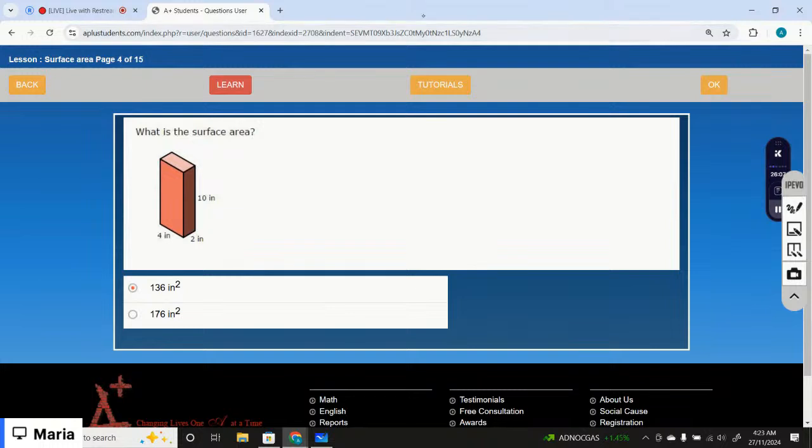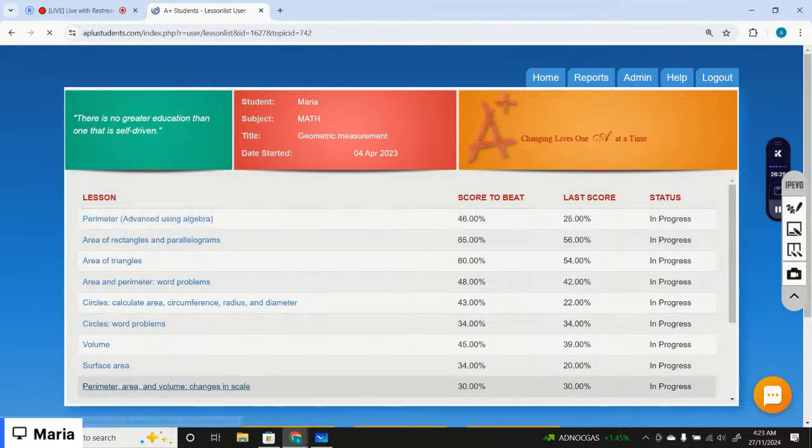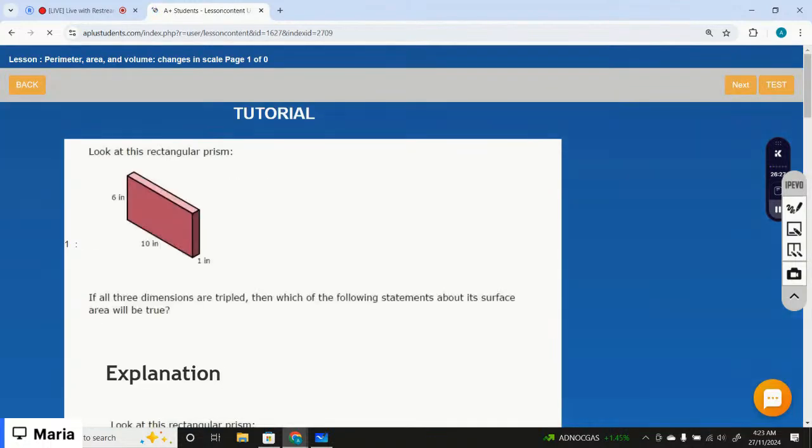Okay, let's just start with the next lesson. That is perimeter, area and volume, change in scale.